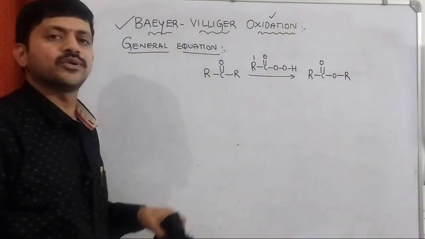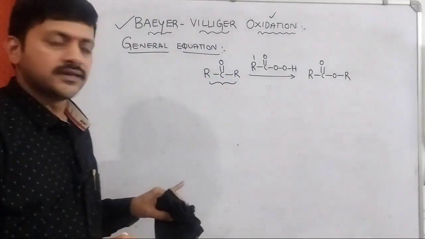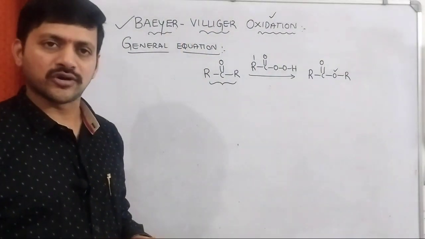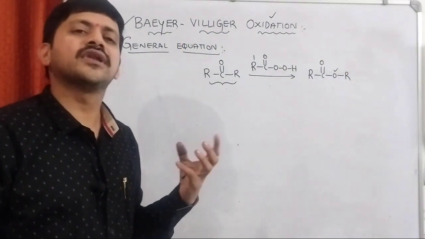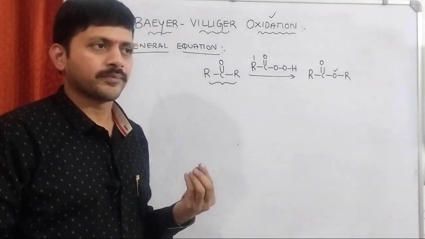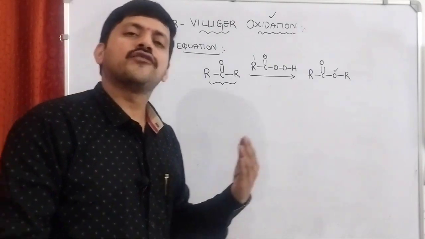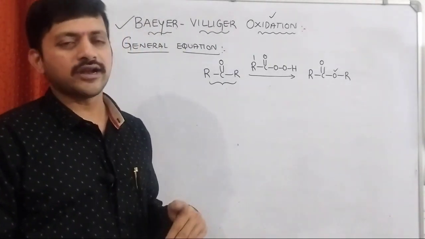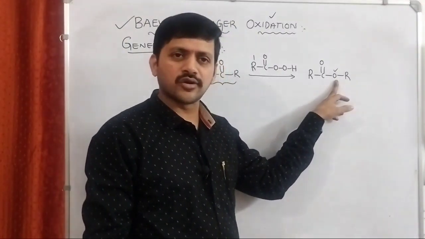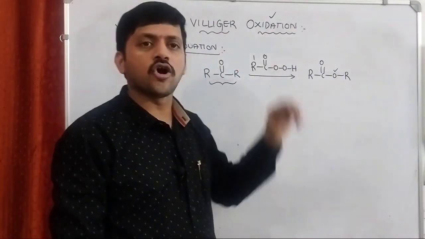If you see this particular equation, this is the ketone. Simply we have introduced an oxygen atom. Oxidation means addition of oxygen or removal of hydrogens. Here we are observing addition of oxygen. That's why this equation is commonly called an oxidation reaction.